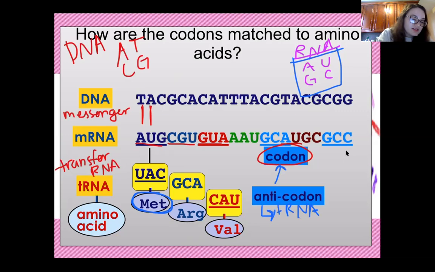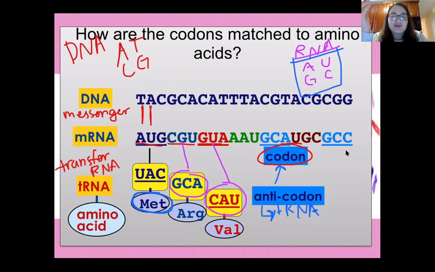Because the anticodons right here match up with the original codons on the mRNA sequence. So tRNA will do this for every single one of these codons found in the mRNA sequence, and when it matches up, it drops off these amino acid sequences. And of course, when we have the ending amino acid sequence, what are we going to have?